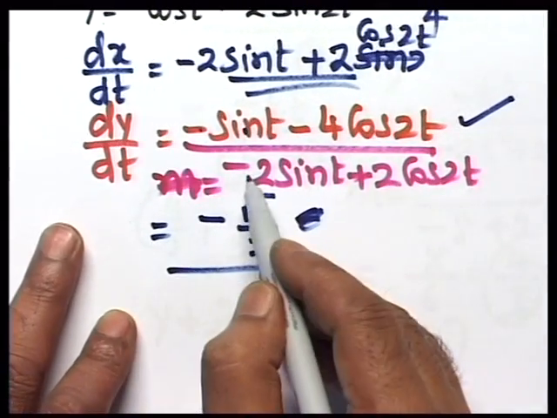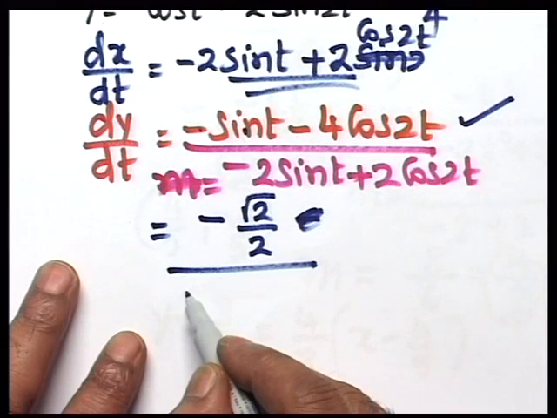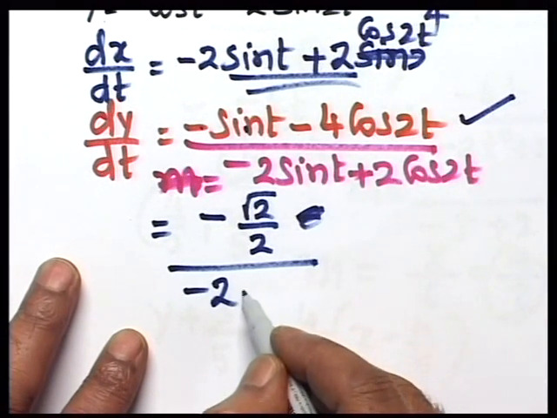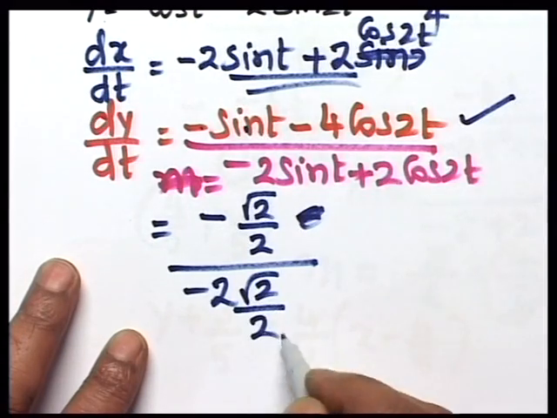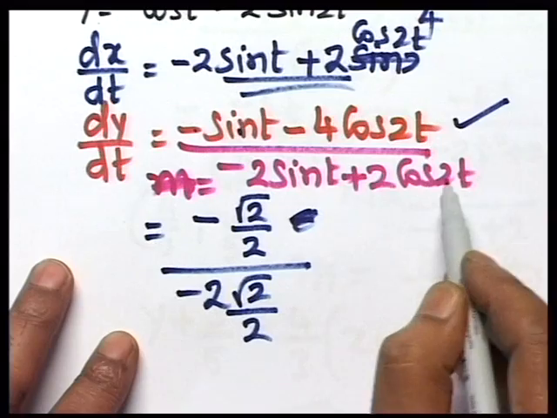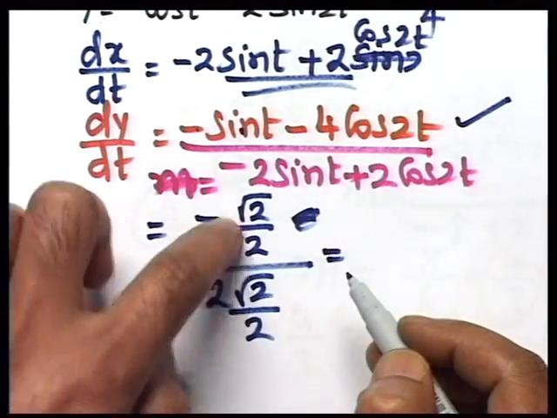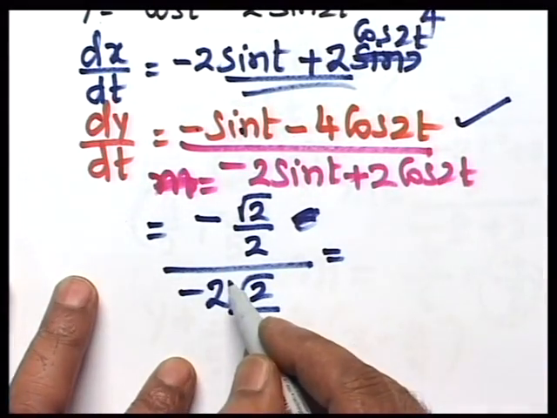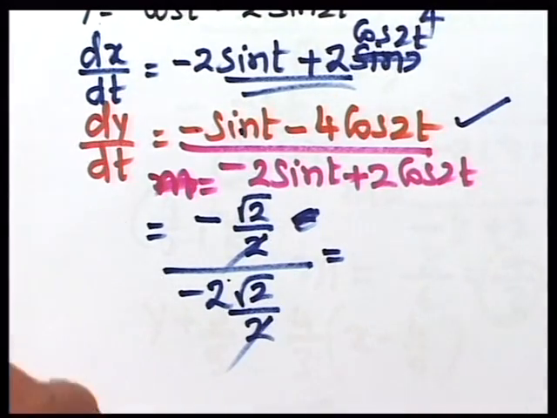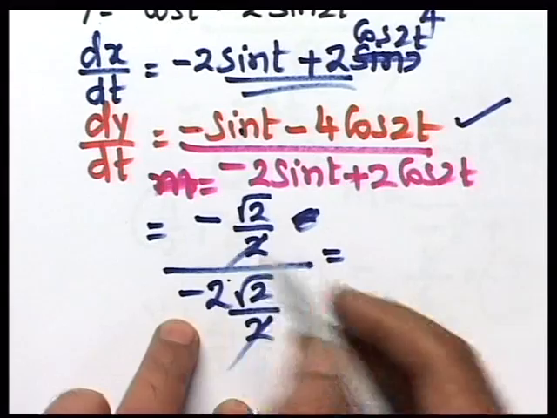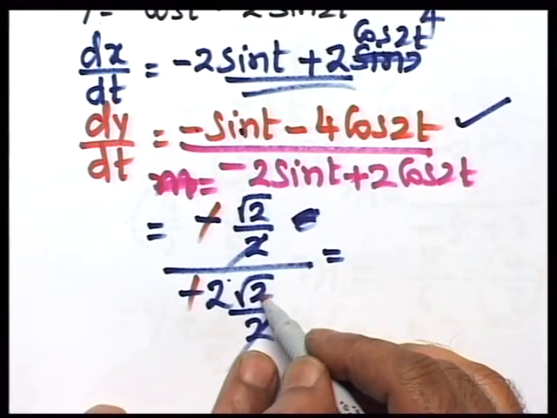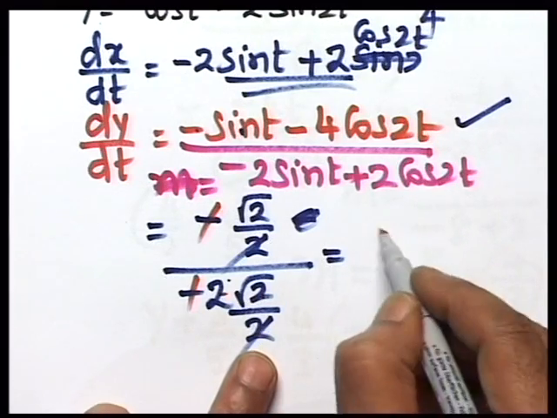Divided by, denominator is a minus 2, watch, sine 45 is again root 2 divided by 2 or 1 over root 2. Cos 2t becomes 0. So this is what we got. I can cancel those 2's and I will be left with, well actually minus is gone, root 2 divided by 2 root 2, right?